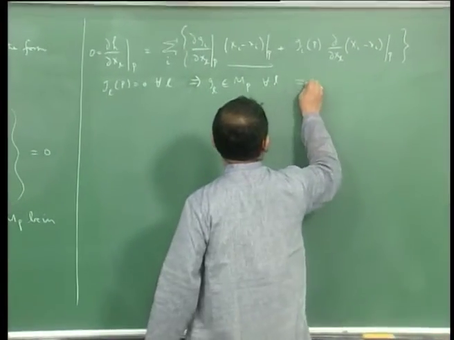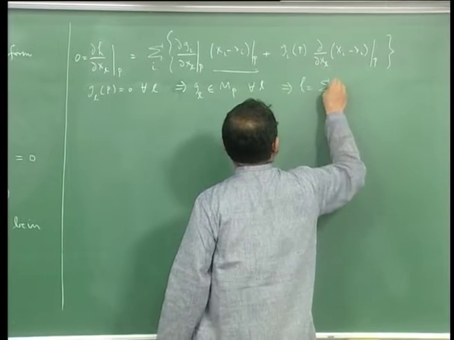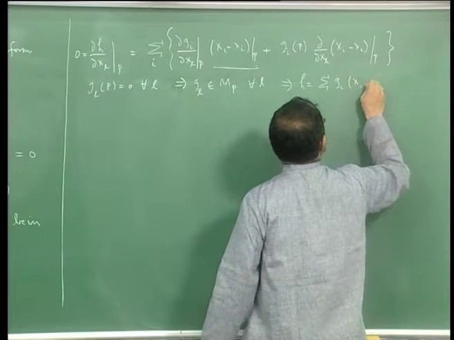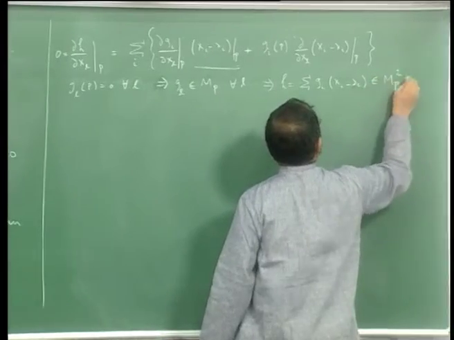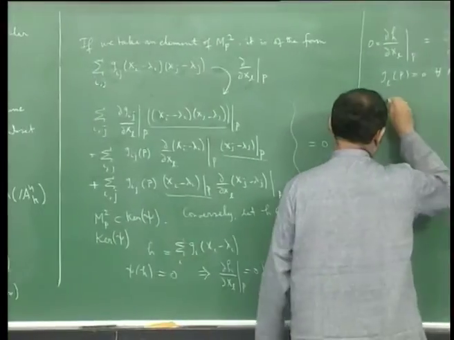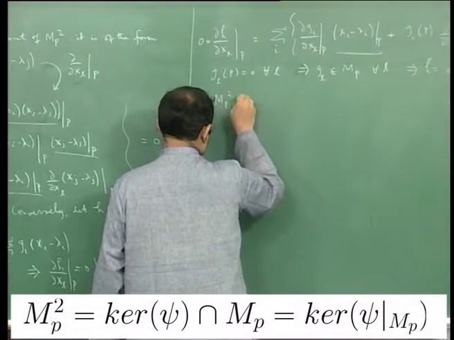So this implies that H equal to sigma g_i into (x_i minus λ_i) is in M_P squared. So all these things put together tell you that M_P squared is exactly the kernel of psi.